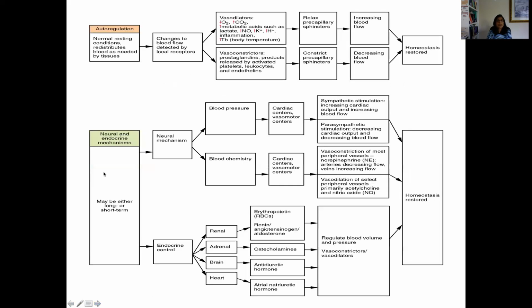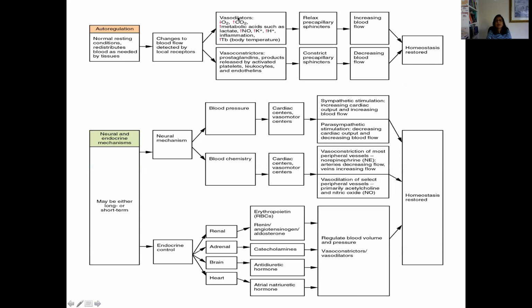All right, so this is where you summarize all of the regulatory mechanisms that exist: autoregulation, neural regulation, and endocrine regulation. Whether it's short-term or long-term, all of that is covered. Pretty much the same thing as we have talked about before. Autoregulation is local regulation, with local reagents released.